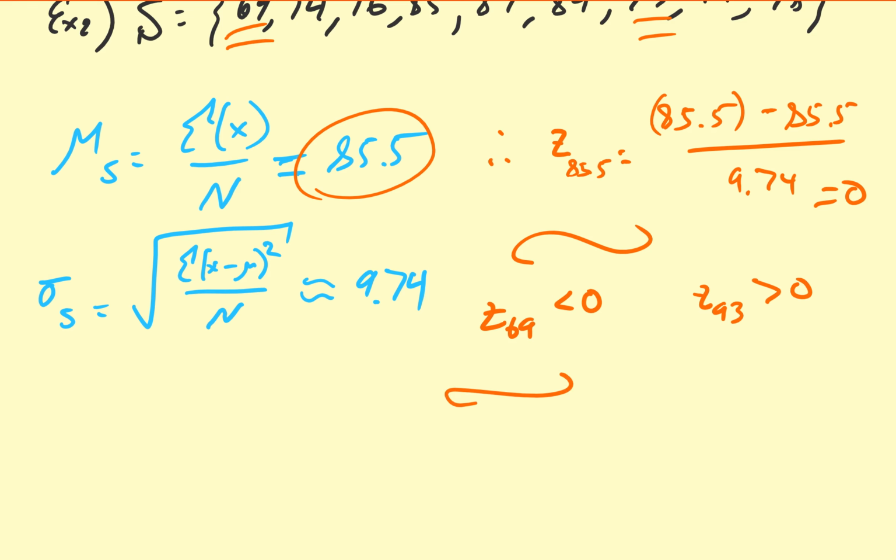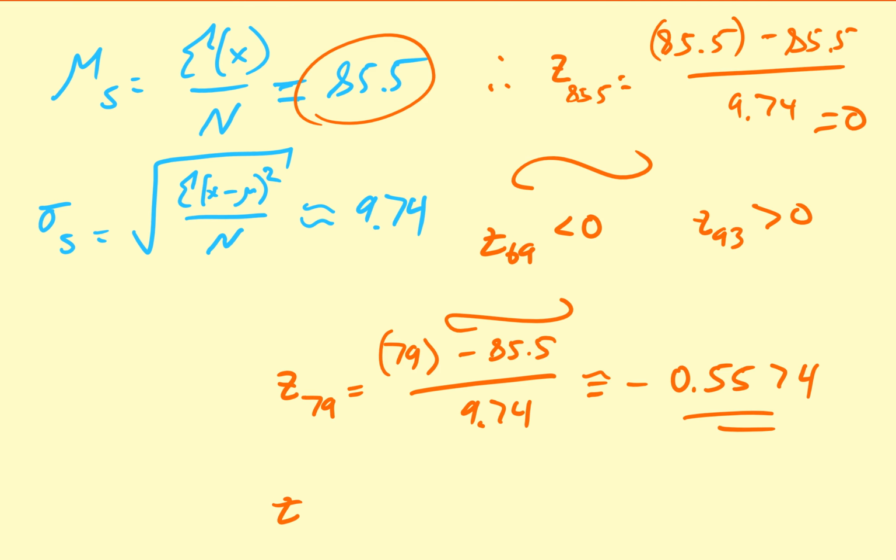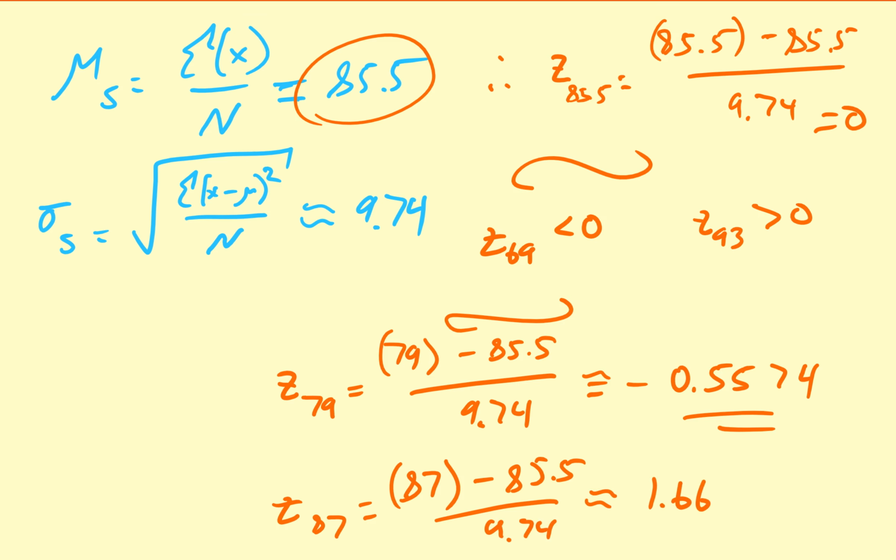In particular, if I want to find the z-score for 79, that is going to be equal to 79 minus 85.5 all over 9.74, which is approximately equal to negative 0.5574. And if I want to find the z-score for 87, that's going to be 87 minus 85.5 over 9.74, which is approximately equal to 1.6641.